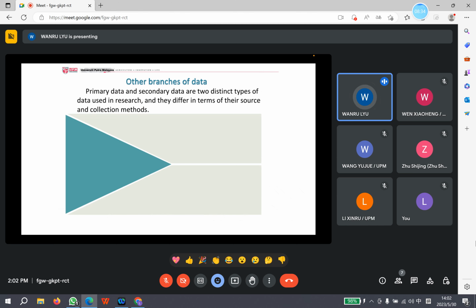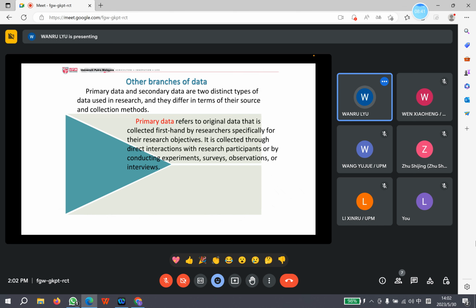Next, I would like to talk about other branches of data, which are primary data and secondary data. I believe many of us are very familiar with this. Primary data, of course, refers to the original data that are collected firsthand by the researchers, specifically for their research objectives. It is always collected through direct interactions with participants. Some examples are surveys, experiments, observations, interviews, and focus group discussions.